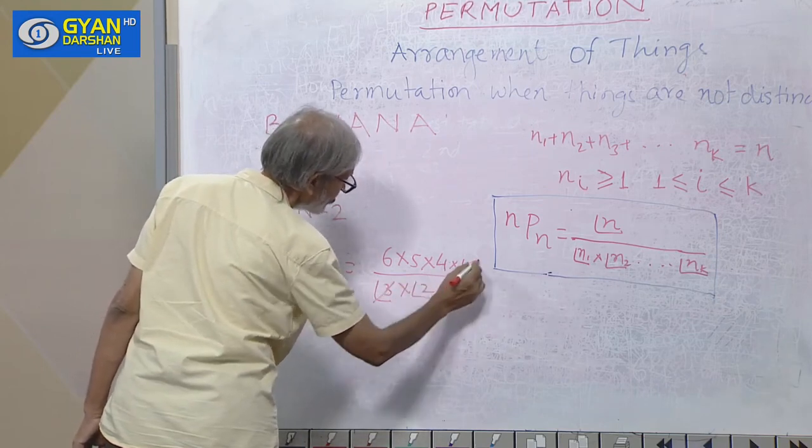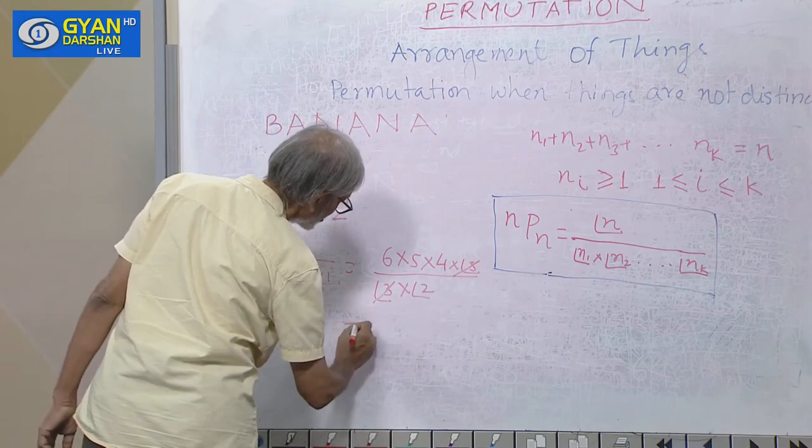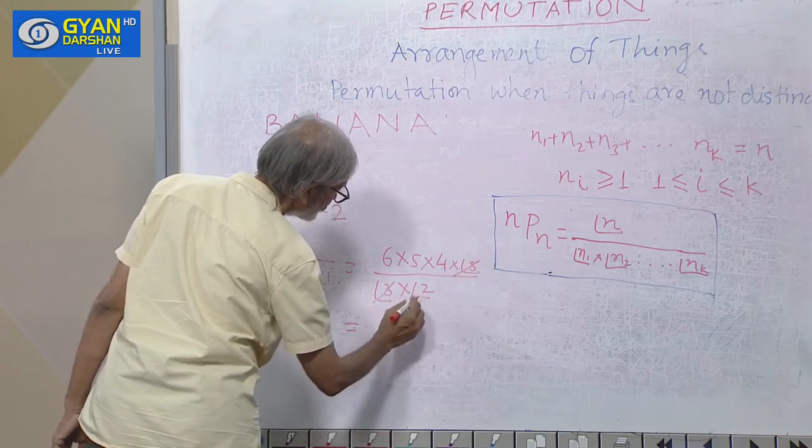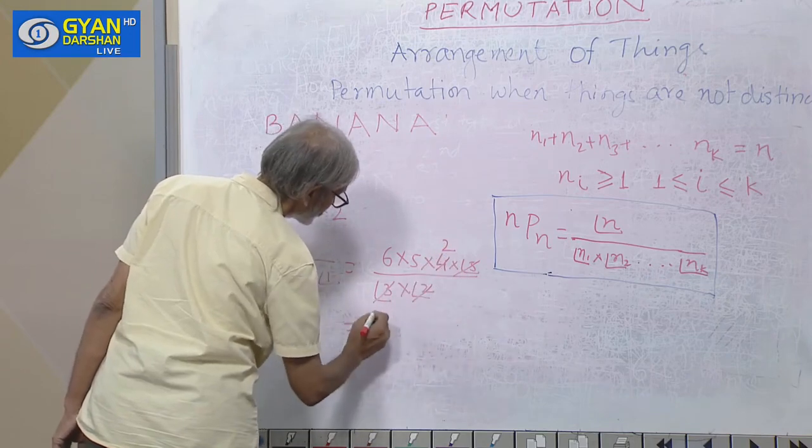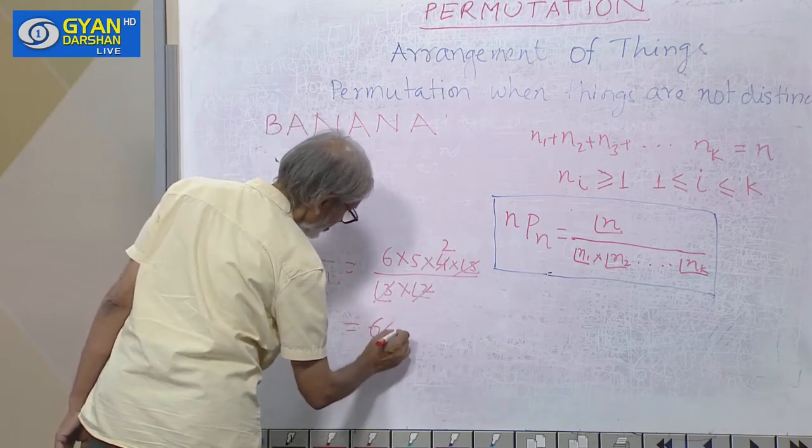So, this will be cancelled out. So, this will be equal to 60.